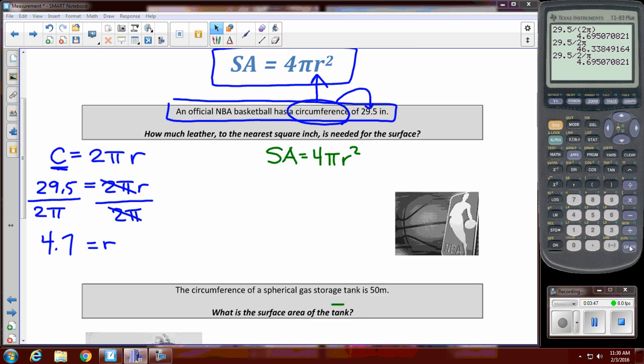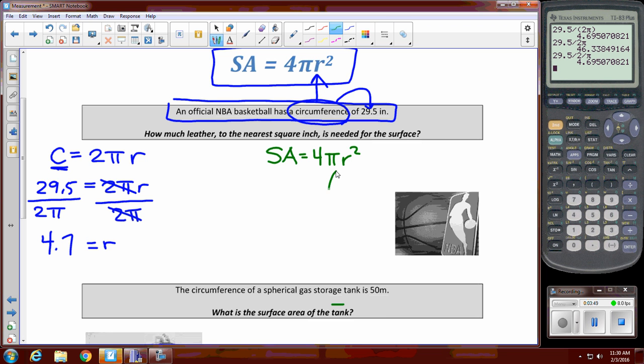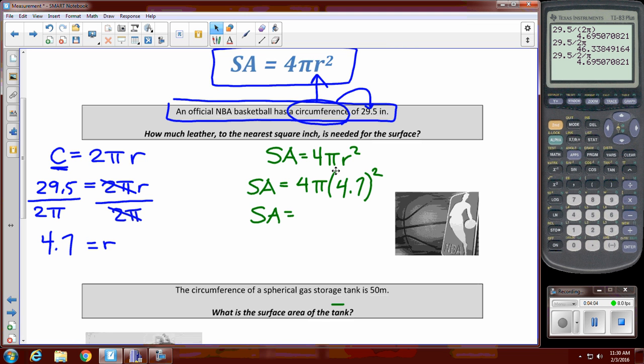So now when we're looking at the surface area, if I have my radius, which we said is 4.7, and I square it, and there's the 4 pi, that'll tell me my surface area. The surface area is 4 pi times 4.7 squared, which is 4 times pi times 4.7 times 4.7.